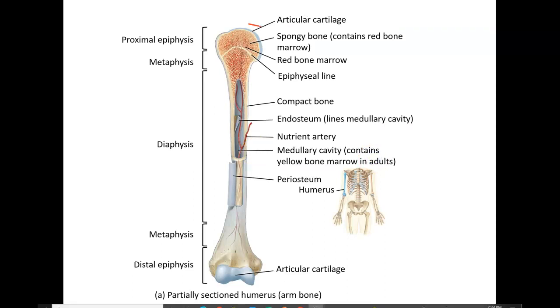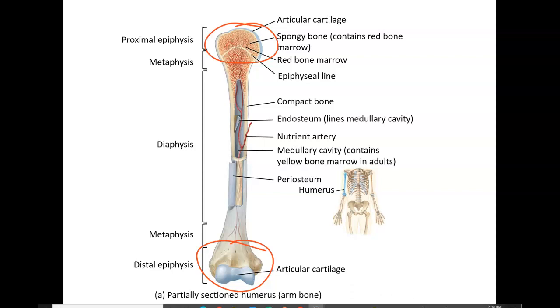Give it a minute. So the epiphysis is on the top, and you have an epiphysis on the bottom. Proximal epiphysis, because it's closer to the trunk of the body. Distal epiphysis, because it's further away from the trunk of the body. If you put the two together, they're referred to as epiphyses. So we have proximal and then distal epiphysis.